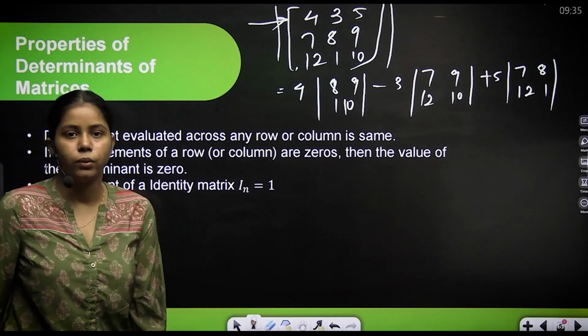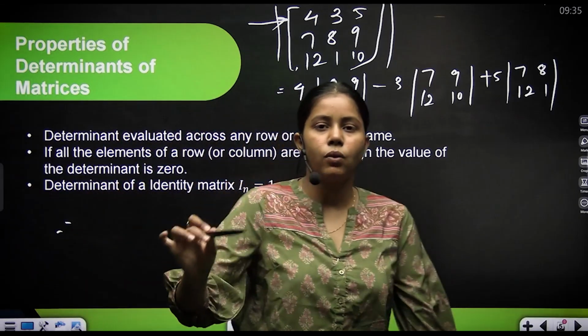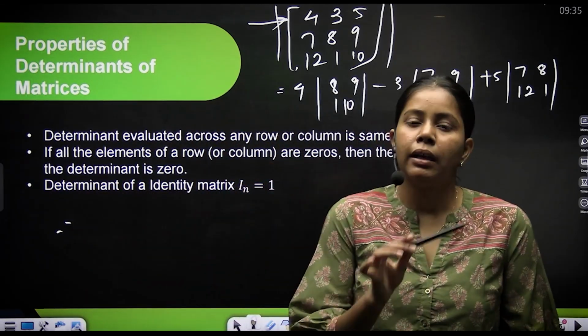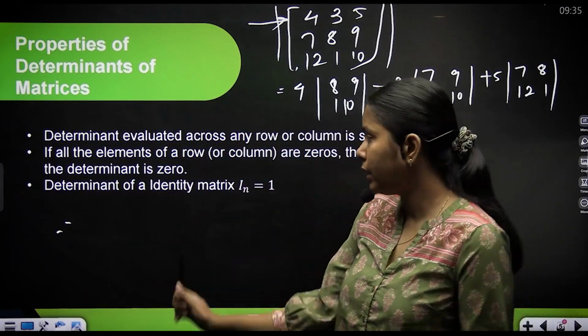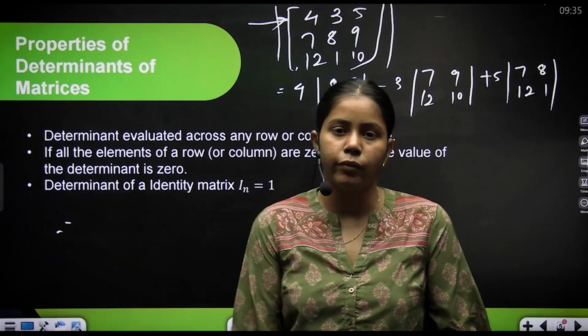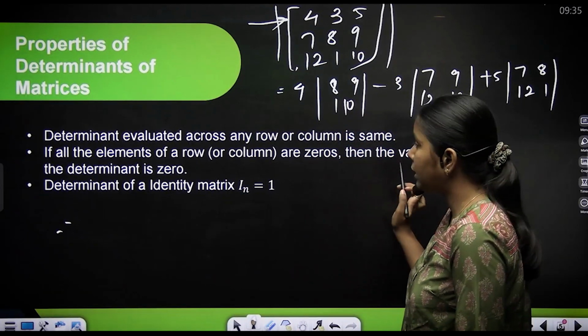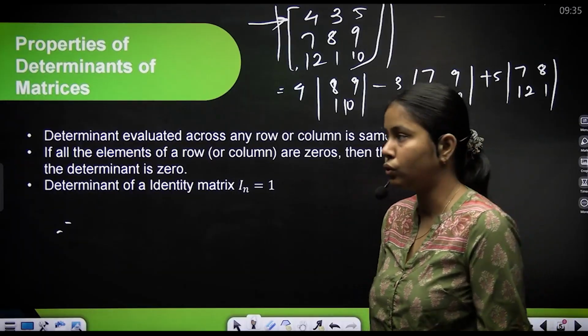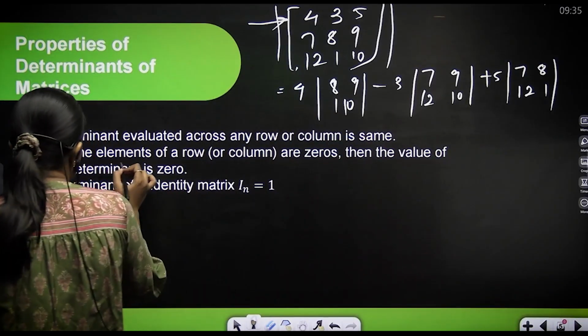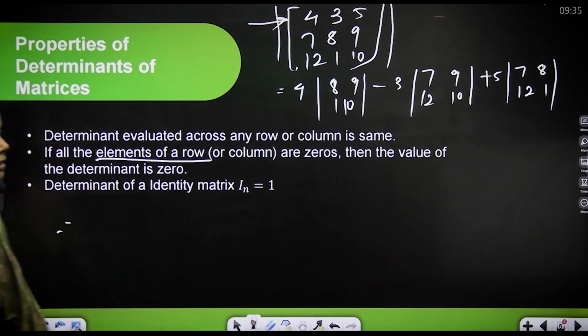I already told you that if I take any row or any column, it's up to me, I take the alternating sign, and the determinant would be the same. If all the elements of a row are zeros, then the value of the determinant is 0.